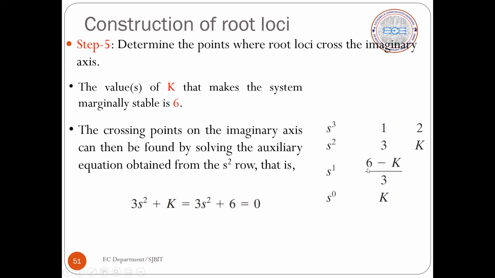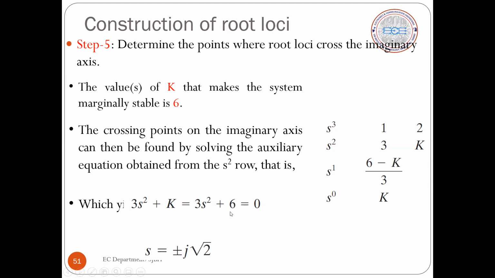What is the marginal stability here? We found that if k takes 6, this term becomes 0. Any value other than that, it will become negative, so it is an unstable condition. So k can take up to 6. So for 6 itself, the term becomes 0. So we have k as value 6 as the marginal stability condition that I have taken, and I try to find out the roots.